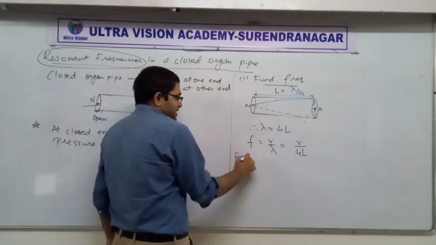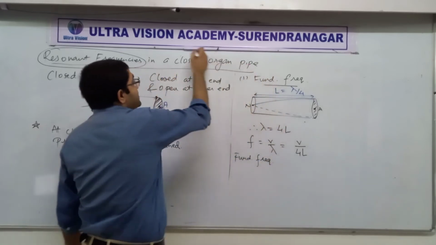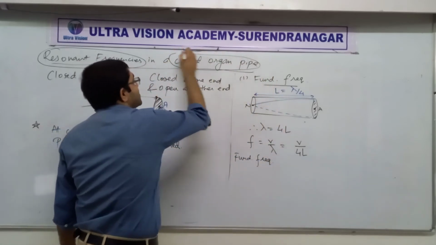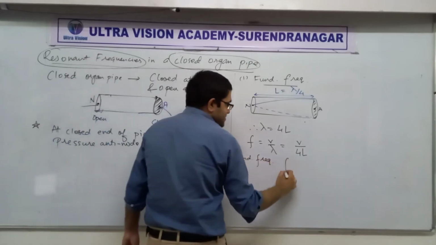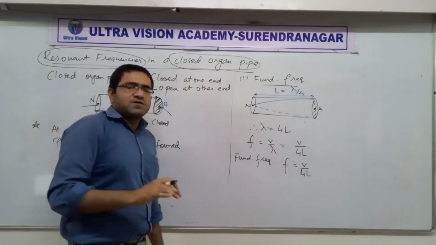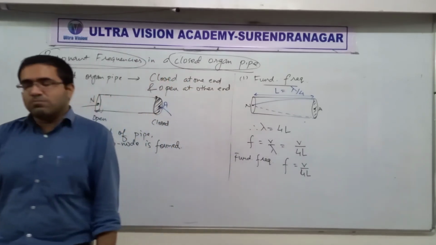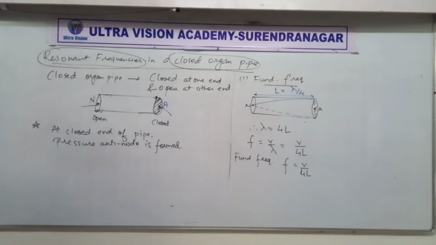So fundamental frequency of closed organ pipe is V by 4L. Is it different from open organ pipe? Is it different compared to open organ pipe formula or is it the same formula?